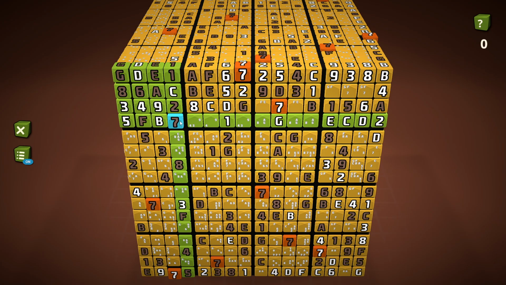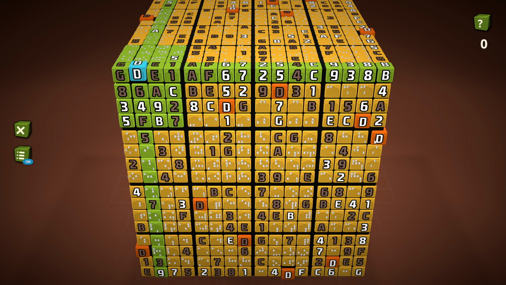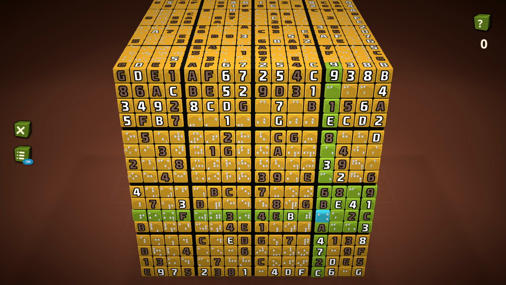Oh, wait, how did I not see this? This is a D, because that's the only one in that area that can be a D. So the middle ones cannot be Ds.